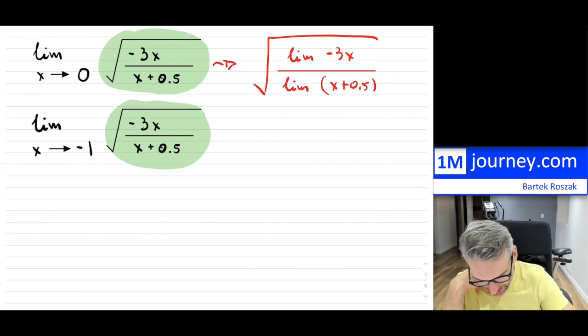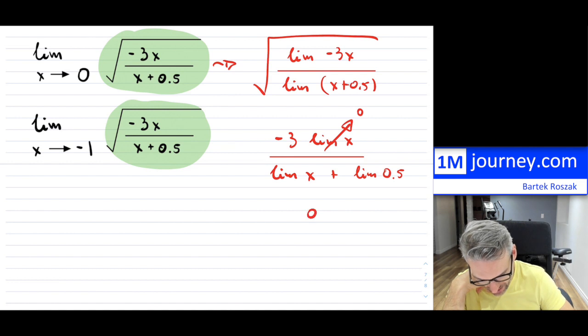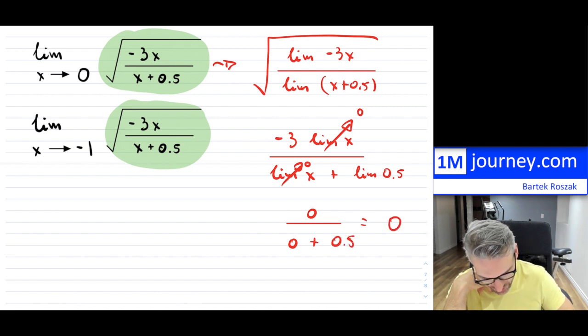Then I can proceed again. So inside the radical, negative 3 limit x all over limit of x plus limit of just the constant 0.5. And then I would say, oh, well, this, as it approaches 0, is 0. So that's negative 3 times 0, which is 0, all over 0.5, which is 0 over 0.5, which is just 0, okay, and there you go.